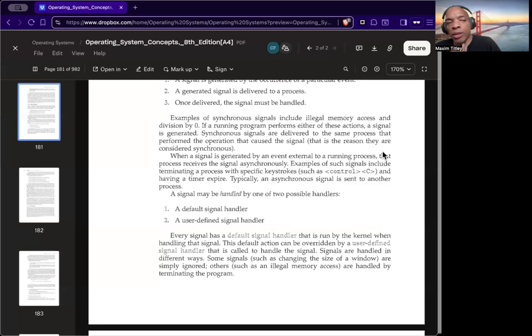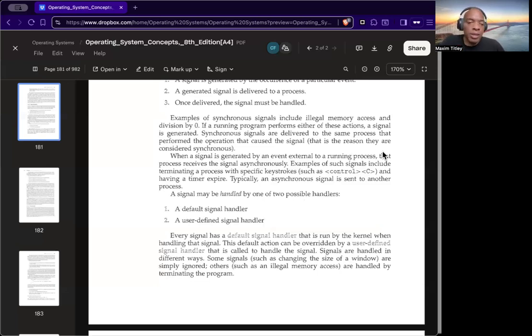When I terminate that web server that ran in the foreground, the termination didn't come from within the web server's own execution. It was some event in which I communicated with it, namely using the shell to say, shut this thing down, right? So that's what makes it different from the synchronous ones, in which it would basically be like having an error in that web server, causing it to shut down or to enter some sort of error state.